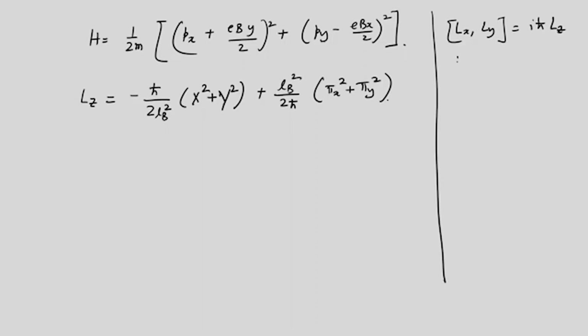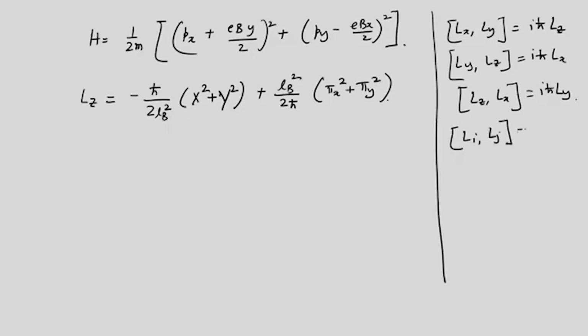So, in a cyclic fashion, the commutator of Ly, Lz is equal to i h cross Lx, and that of Lz, Lx is equal to i h cross Ly. In fact, you can combine this as the commutator of Li, Lj equal to i h cross epsilon ijk Lk. Let me not forget the h cross. H cross sets the scale of the problem.